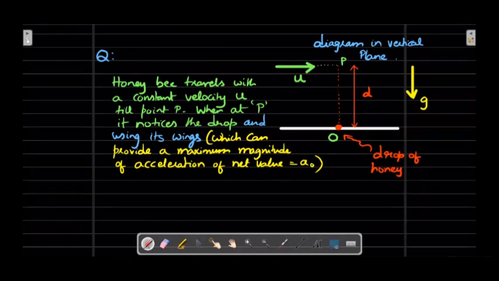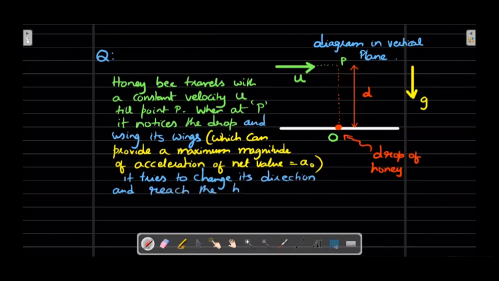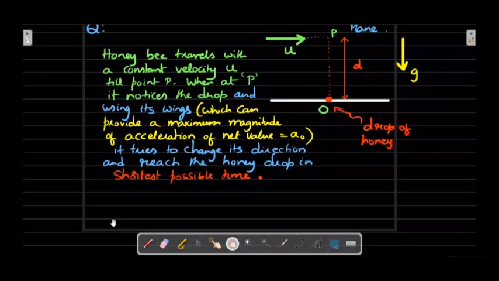Using its wings, it tries to change its direction and reach the honey drop in shortest possible time. Okay, find that time, that's the question.